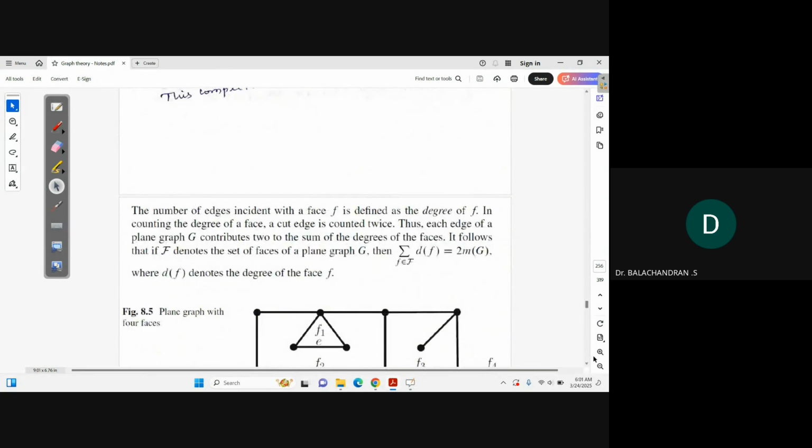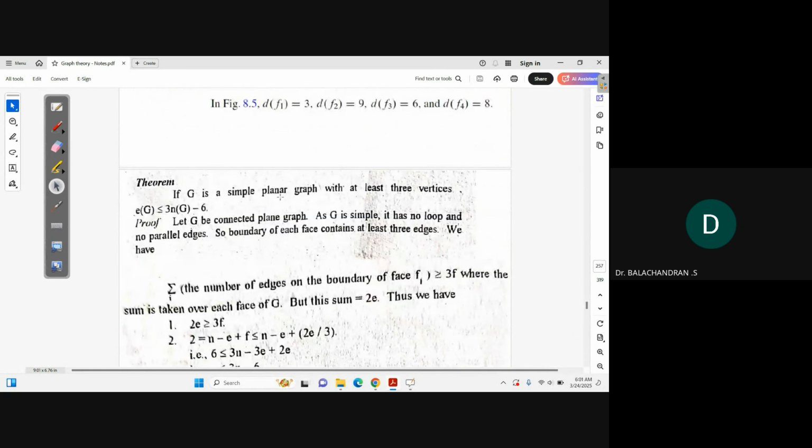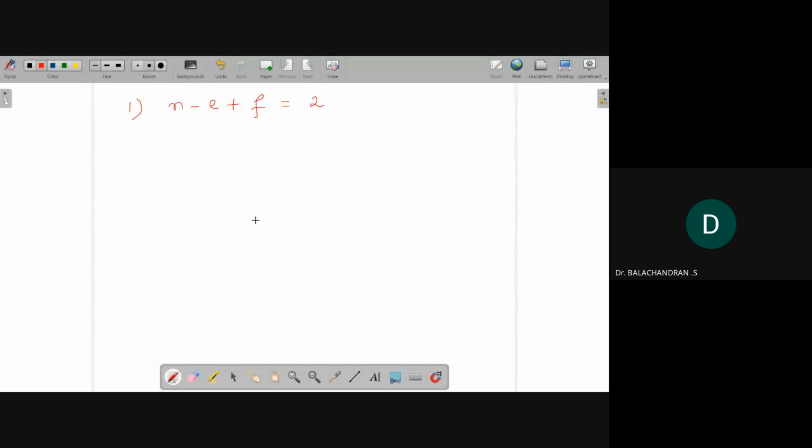This result: if G is a planar graph, then the number of edges is less than or equal to 3n minus 6. So this result is also true for planar graph.